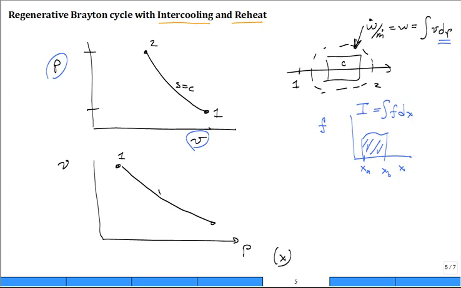So there is our curve flipped. And what we're interested in is the area under the curve. That's a visual representation of the work. Let me try and draw it like this. Lowercase w, the work per unit mass, is the area under the curve.